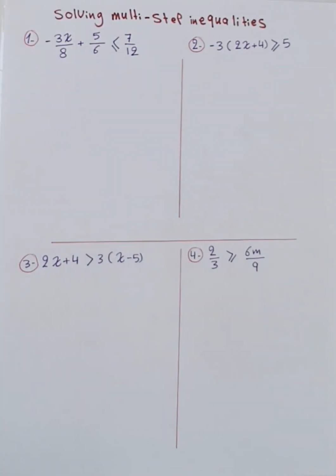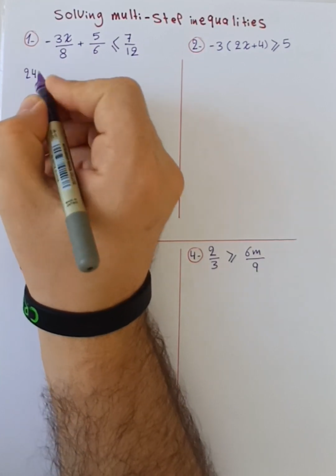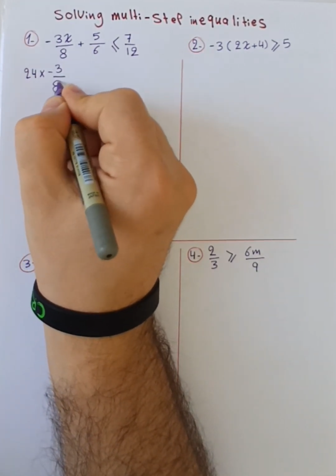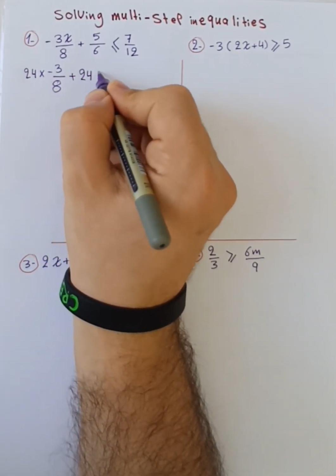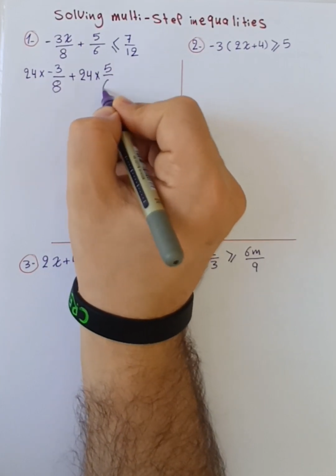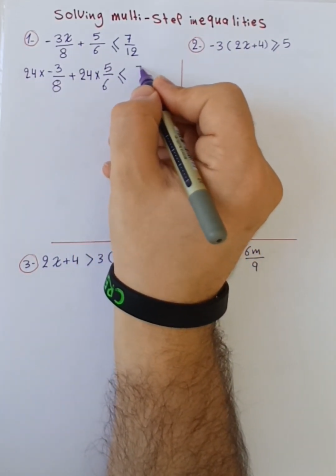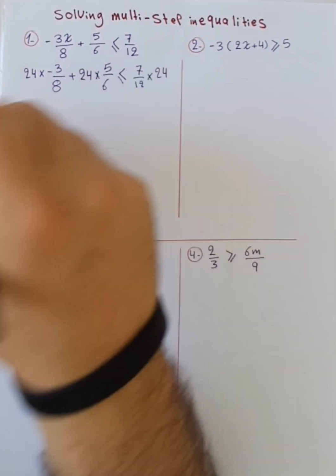After that you have to multiply both sides by 24, so we have 24 times negative 3x over 8 plus 24 times 5 over 6 less than or equal to 7 over 12 times 24.